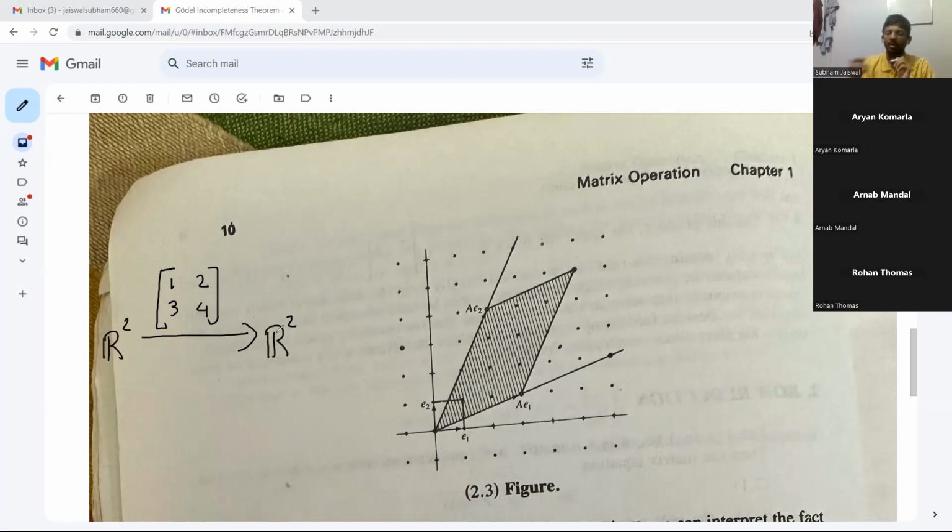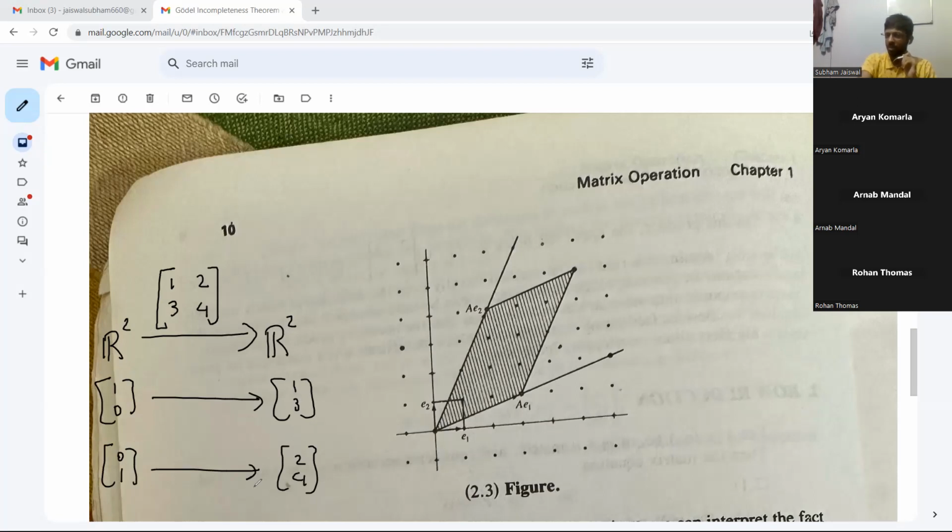Any problem? Why? Because if you just input some vector, if you input 1, 0, what do you get in this matrix? You get 1, 3. If you input 0, 1, you get 2, 4, and so on. These functions have a lot of properties, which if you don't know, you will know.